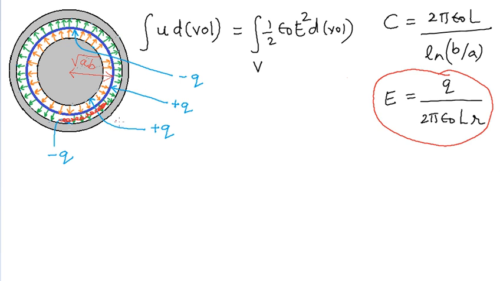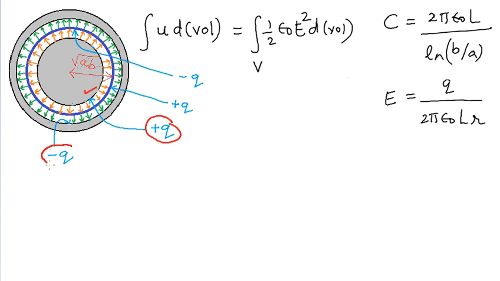So to summarize, in the original problem there are only two charges which are present. One of them is this plus Q, which resides on the outer surface of this cylinder, and the second is minus Q, which resides on the inner surface of this cylindrical shell.